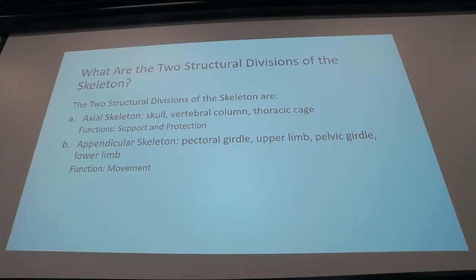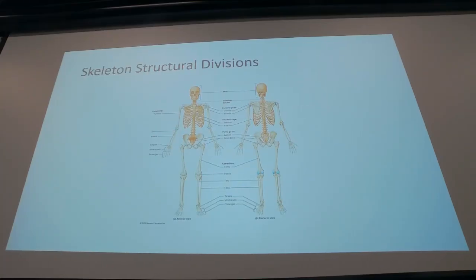So the function of the appendicular skeleton is mainly movement. Here is the location of these two divisions. Central part here, darker orange color, this will be axial, and then our upper and lower limbs will be appendicular. And this is the posterior view.